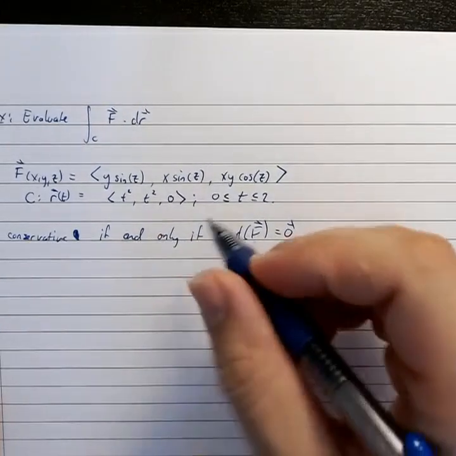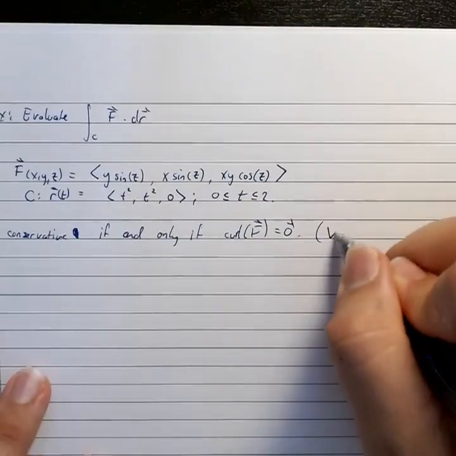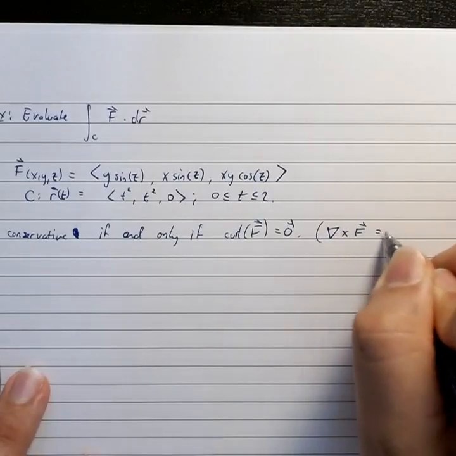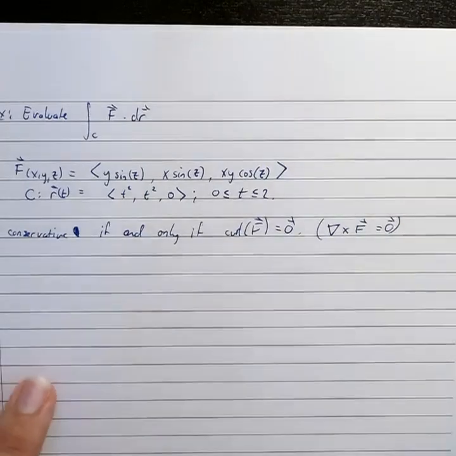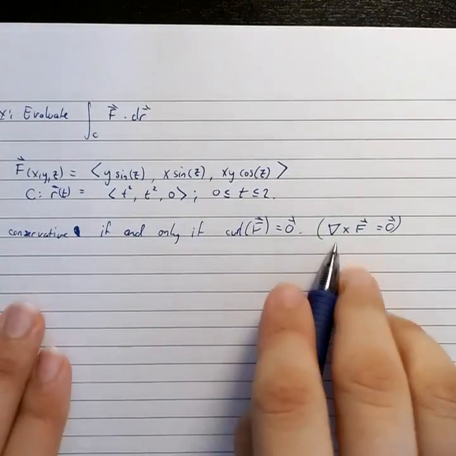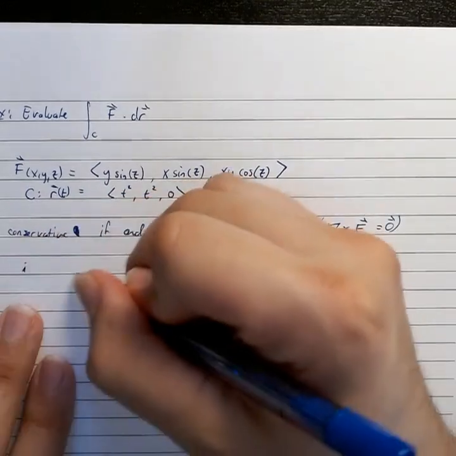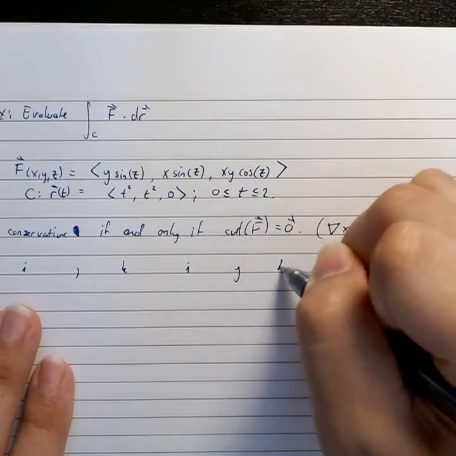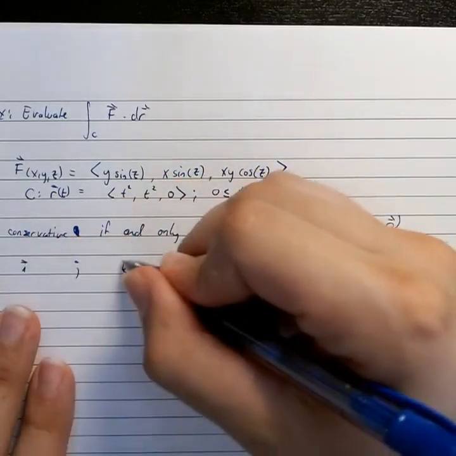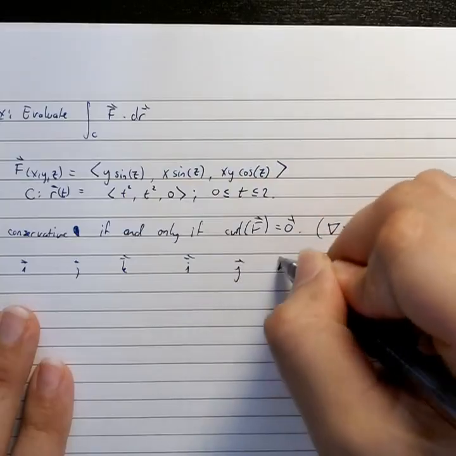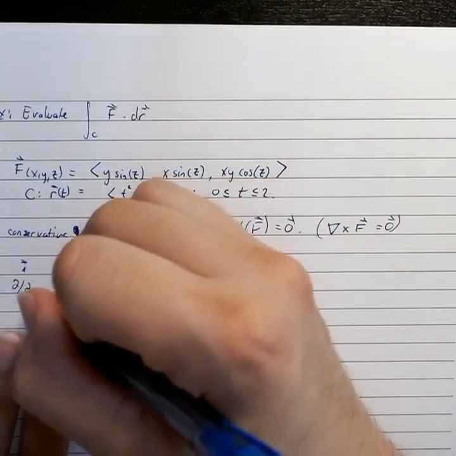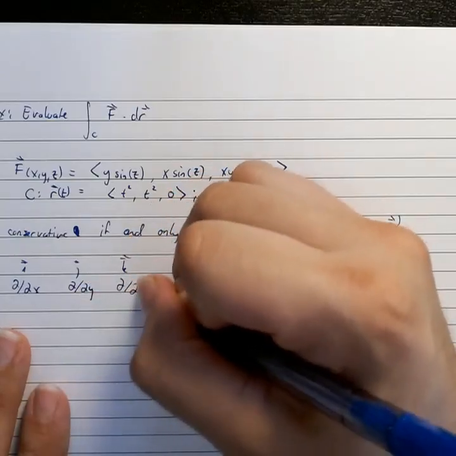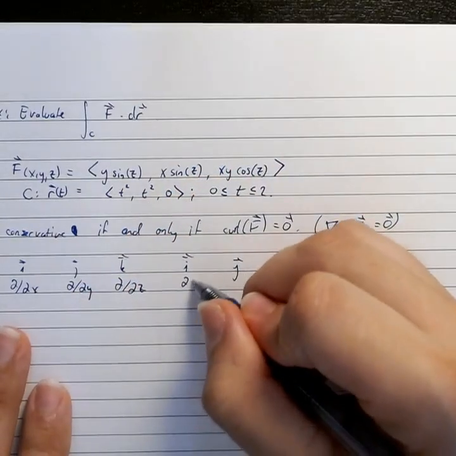Remember, the curl of F is given by the differential operator cross F, and we want that to equal the 0 vector. So let's do that. We're going to take the cross product, so let's write i, j, k. My differential operator is simply made up of the partials with respect to x, y, and z, in that order.